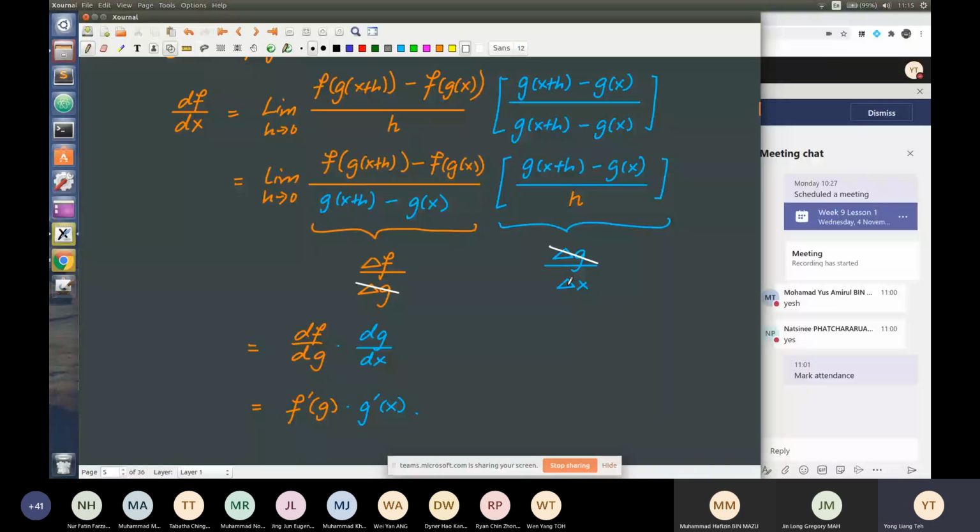However, most of the time we don't have the luxury of just evaluating the change in f pertaining to change in x directly. So that's the reason we use the chain rule. Questions? So this is the derivation. Of course, we will need to go through some examples to concretely understand how this is applied.